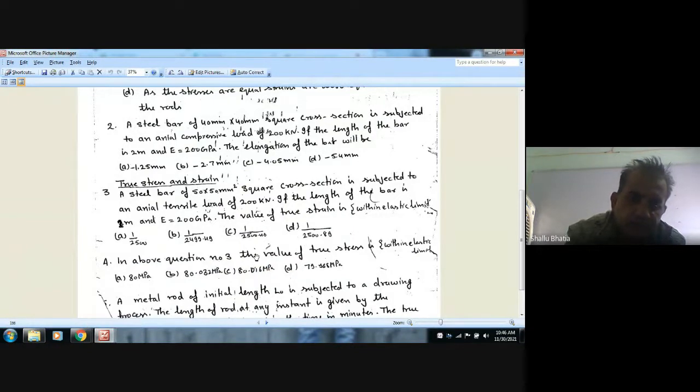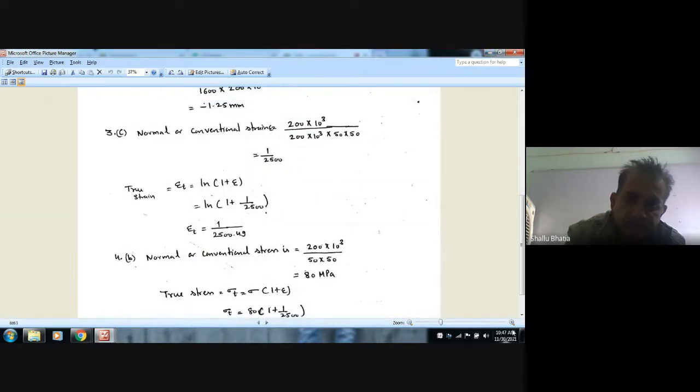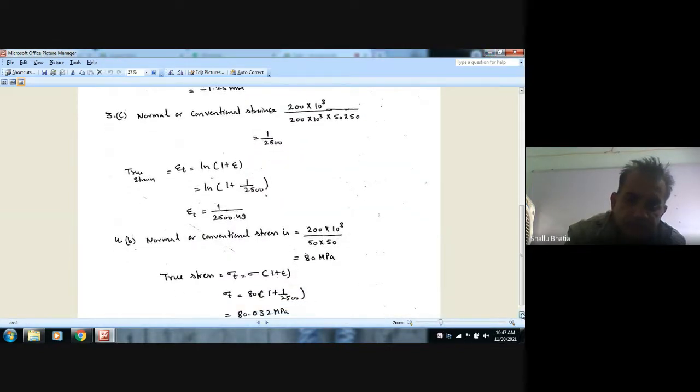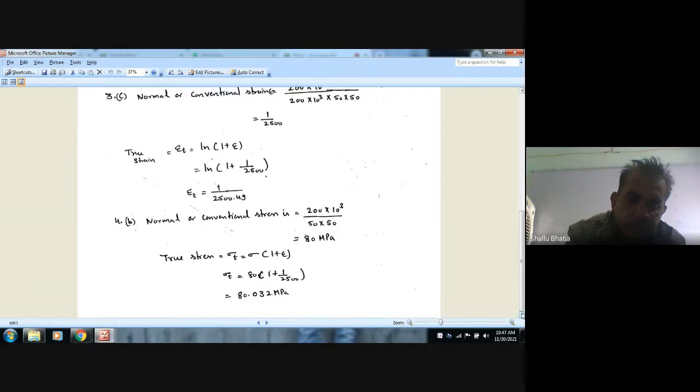So in the above question, what is the value of true stress? In this question, we have to remember the relationship between true stress and simple stress. The relationship is sigma t equals sigma into 1 plus epsilon. We put sigma equal to 80, because normal stress is load by initial area, which is 80 MPa, and normal strain is 1 by 2500, as we have found out.